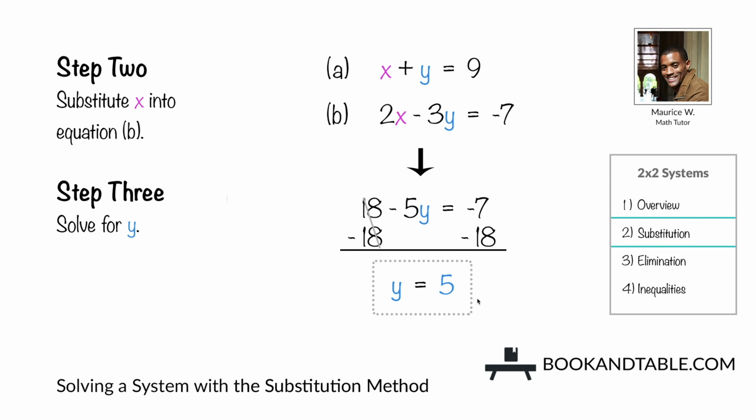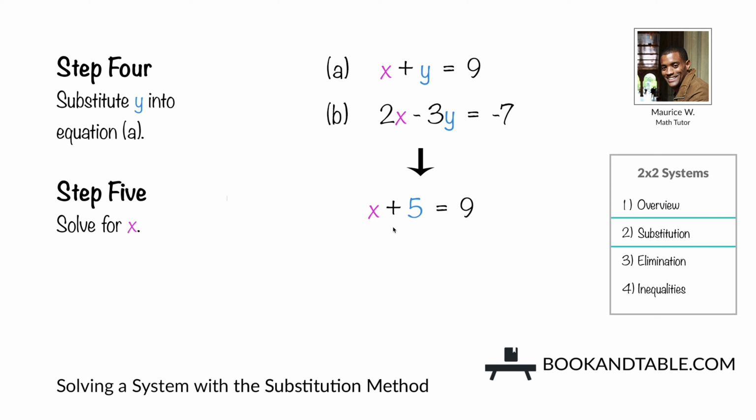So now that we have a value for y, we can now substitute y into equation A. This was equation B. So step 4, we'll plug y into equation A. And then step 5, we'll solve for x. So x plus 5 is equal to 9.